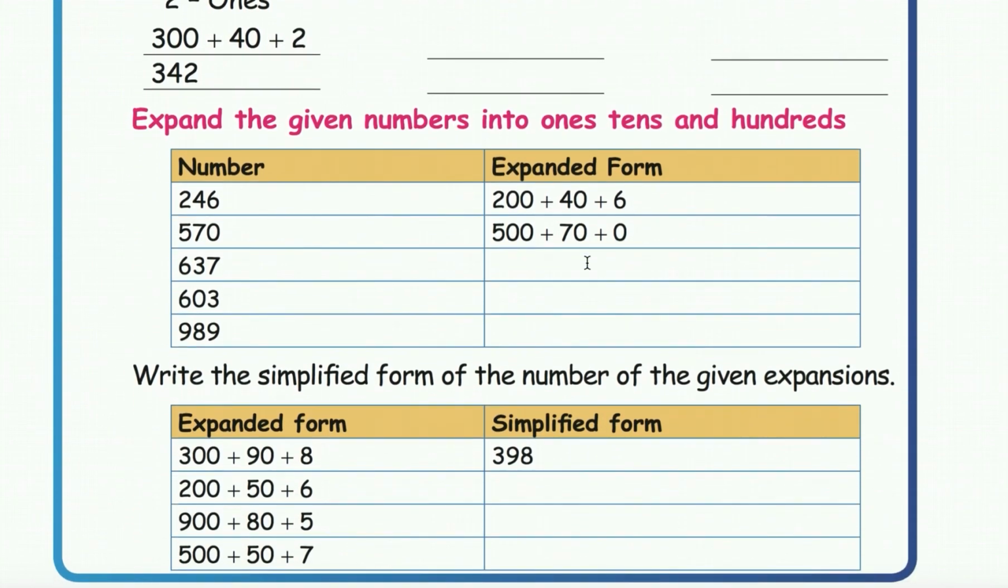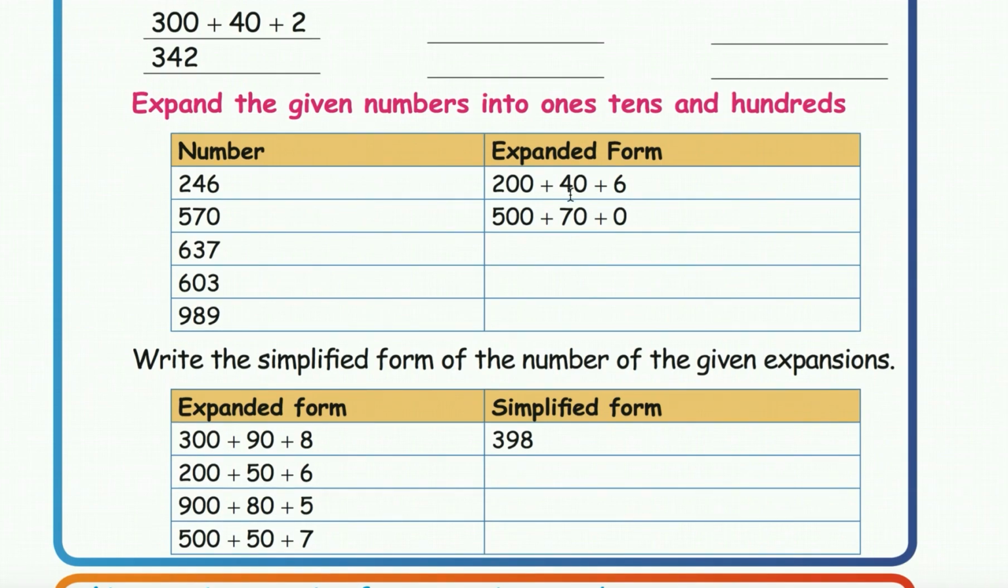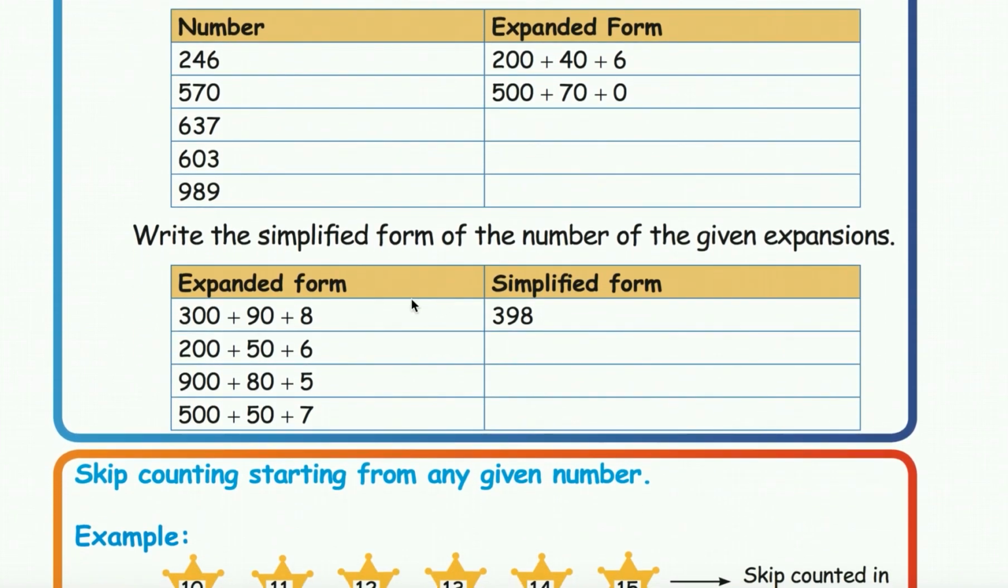Your wish. You can expand like this: 200 plus 40 plus 6, 500 plus 70 plus 0, 600 plus 30 plus 7, 600 plus 0 plus 3, 900 plus 80 plus 9. Now expanded form you can also simplify, right? 256 this one, 985 this one, 551, 557 this one.